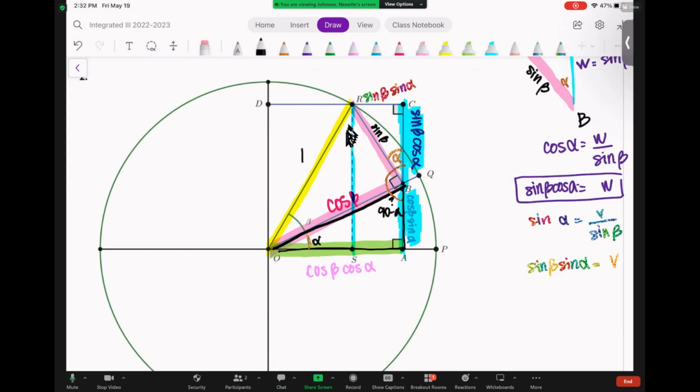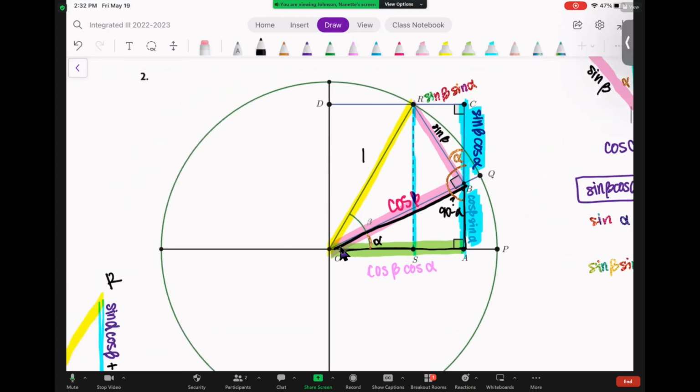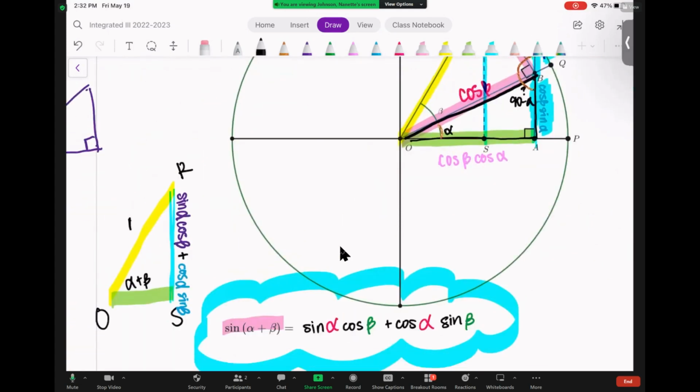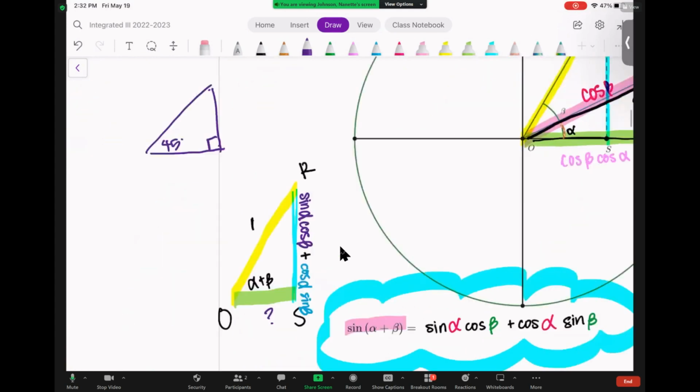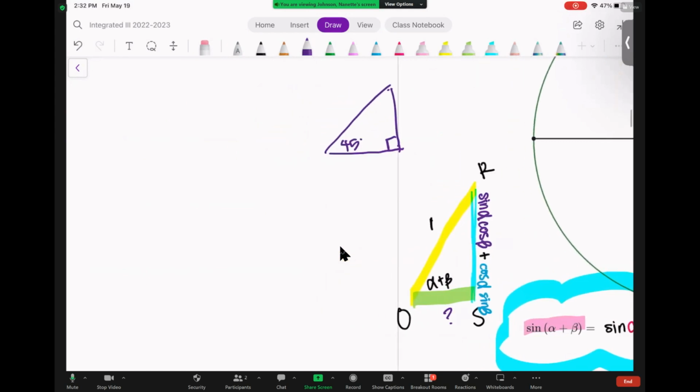And if you look at this yellow, blue, green triangle, here's down here. We don't know this part here. This is the part where we didn't know. So if I was to continue this on, I can say that that's just cosine. So this is cosine of alpha plus beta.